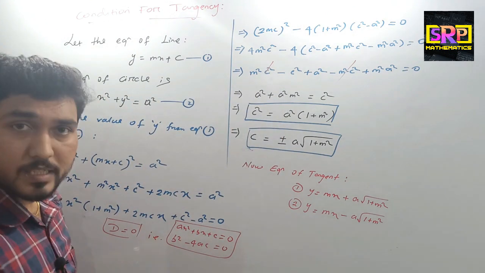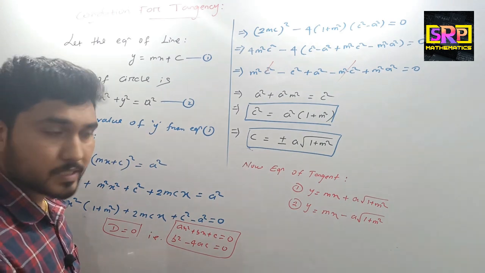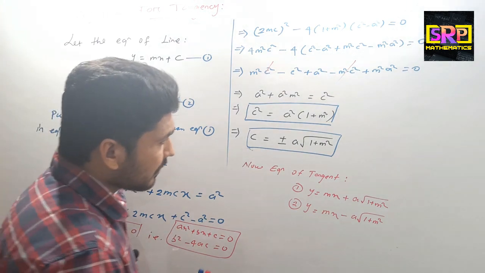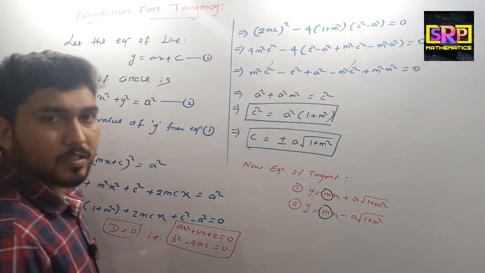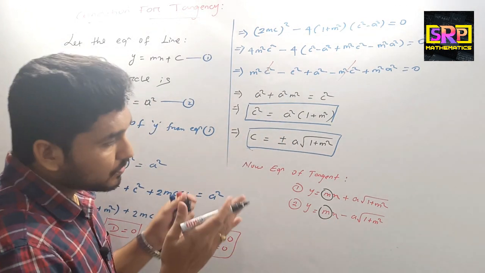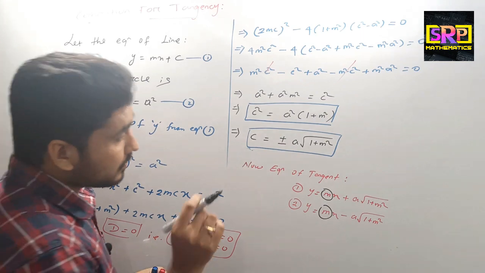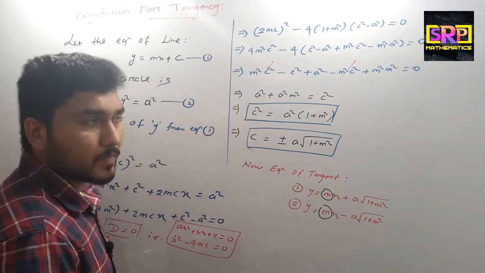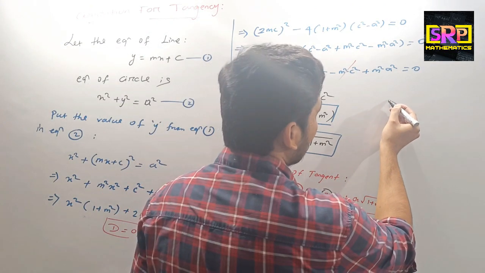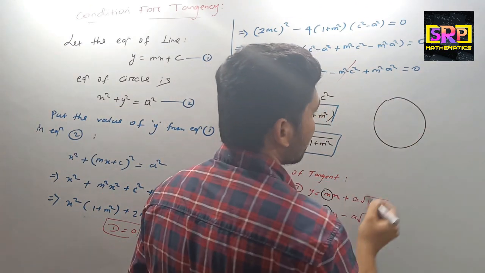Sir, how is it possible? We are getting two tangents. Okay, yes, this can be possible when the slope is same. When the slope is same, we can get maximum two tangents. So, sir, how? It's only because the y-intercept is changing. Okay, see the scenario. This is a circle.